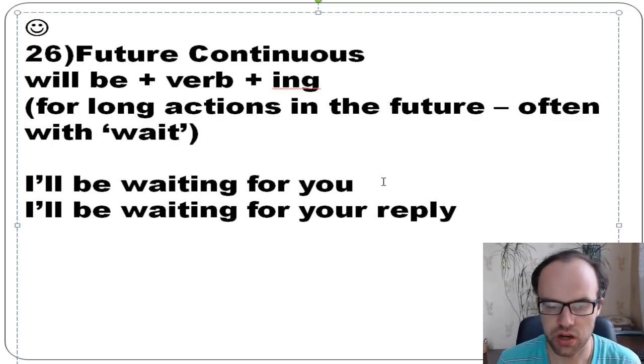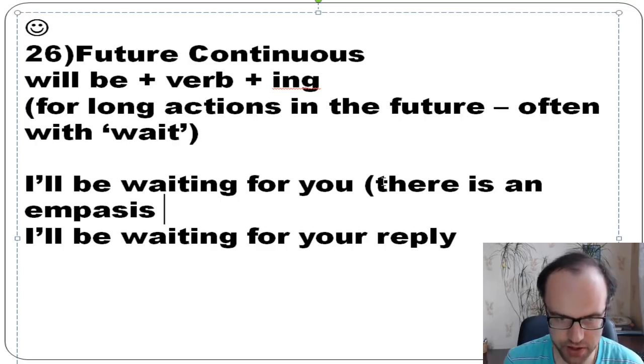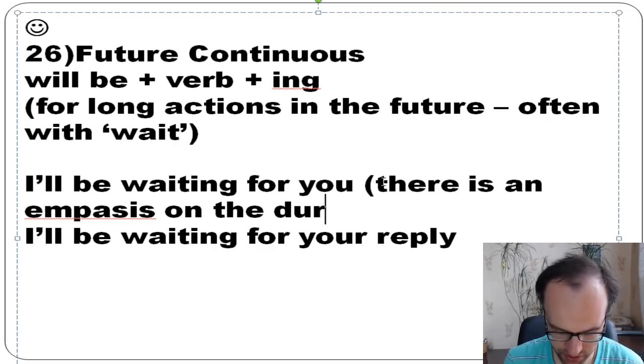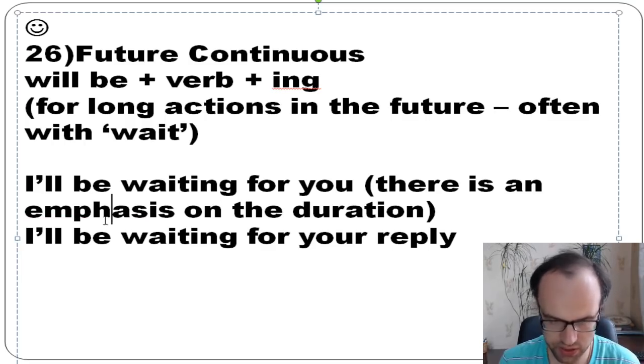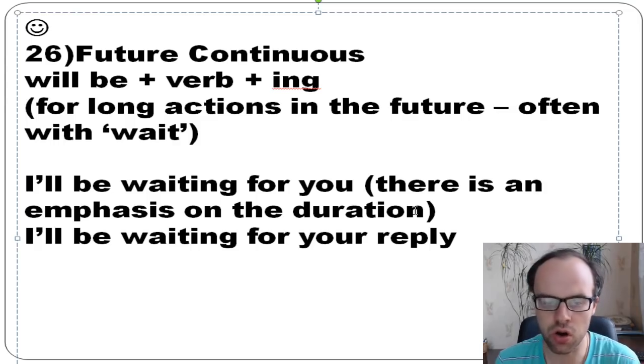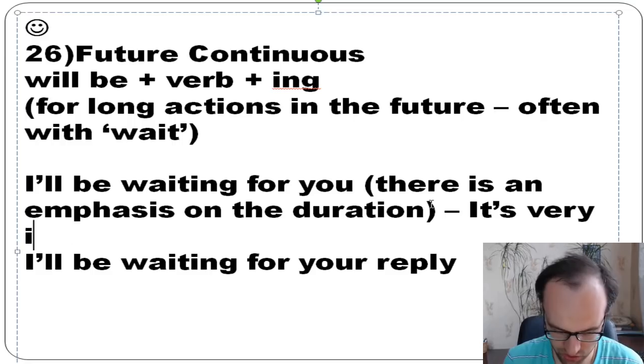So there is an emphasis on the duration, that this action is really long. So I'll be waiting. It's very important.